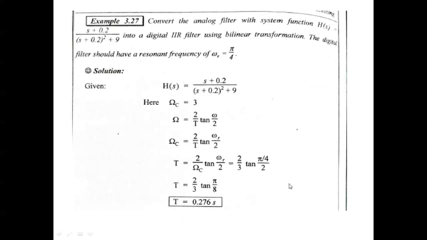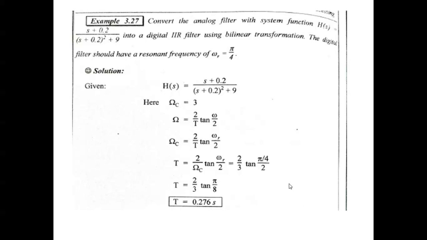Convert the analog filter system function H(s) into a digital IIR filter using bilinear transformation, given the resonance frequency pi by 4. H(s) = (s + 0.2) / ((s + 0.2)^2 + 9), with omega c equal to 3.